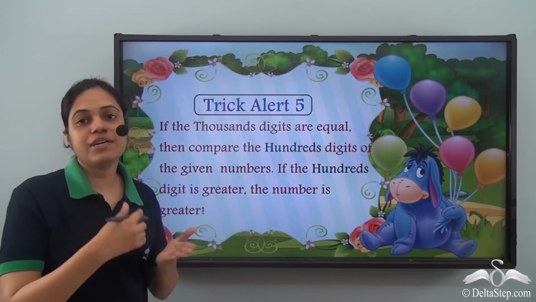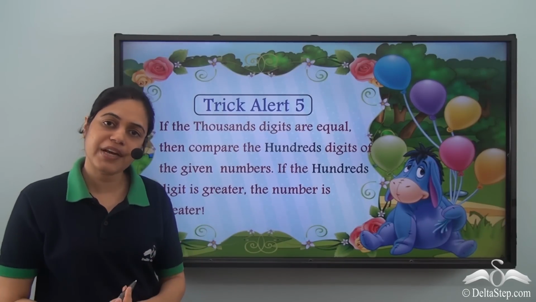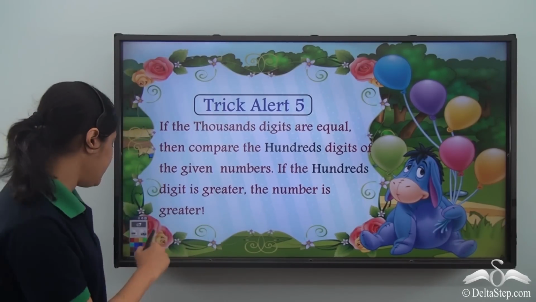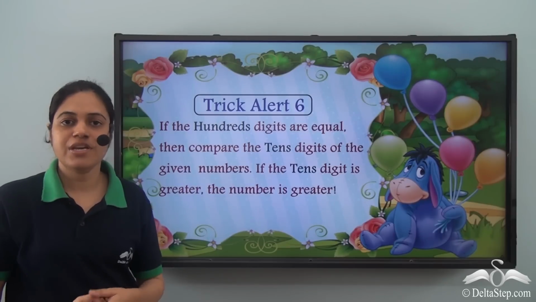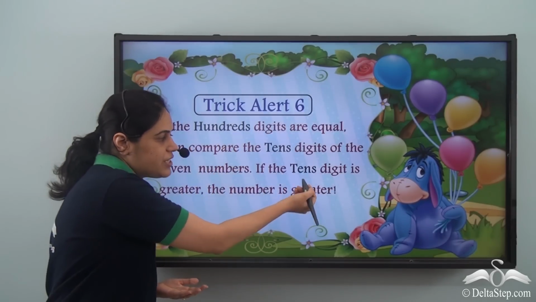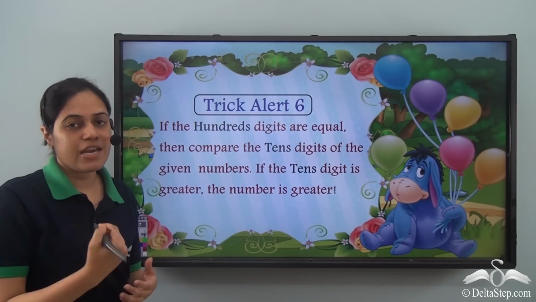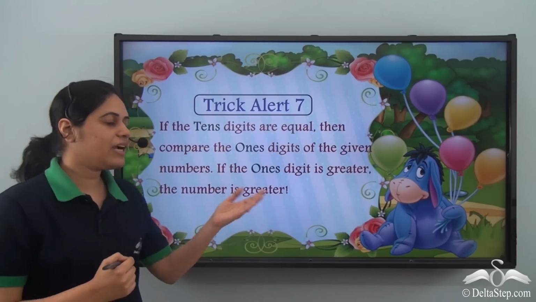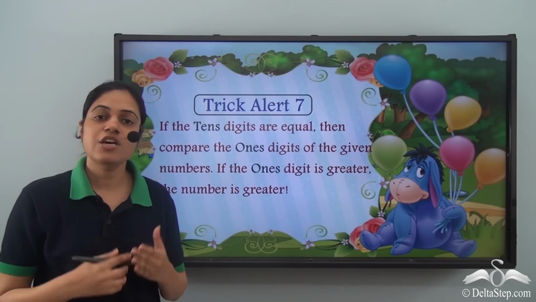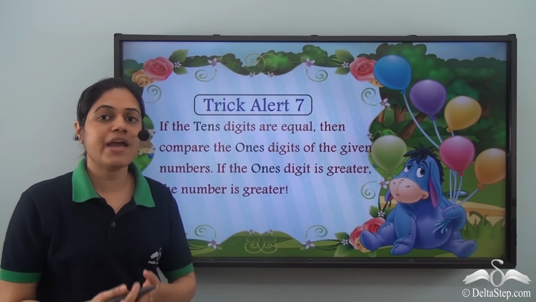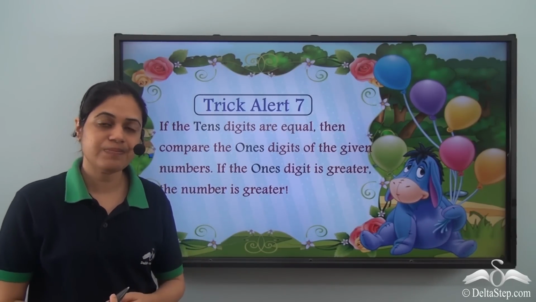The number with a greater hundreds digit will be greater. Similarly, I keep on moving to the next digit. After the hundreds digit, we compare the tens digits. If they are also equal, then we compare the ones digits. So in this way, we can compare two 6-digit numbers.